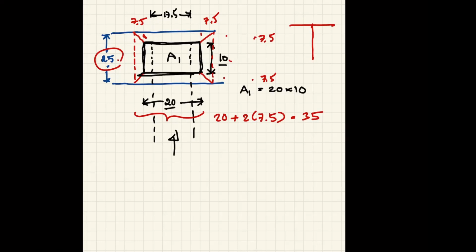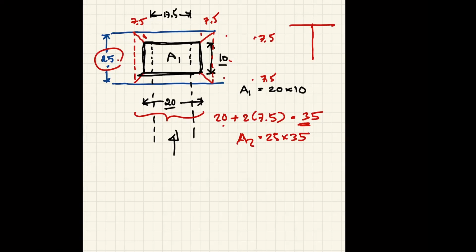So you can go 7.5 on both sides as well. So you have 2 of 7.5, you add that with 20, so that's why we have 35. So A2 becomes 25 by 35. Okay.